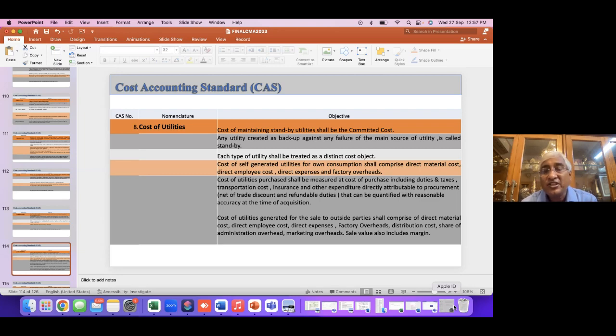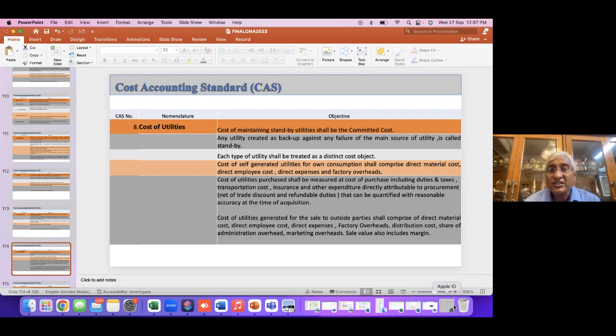So each type of utility shall be treated as a distinct cost object. So standby generator is a separate one, and the main, which is the operating one, is a separate one. Cost of self-generated utilities for own consumption shall comprise direct material cost, direct employee cost, direct expenses, and factory overheads.